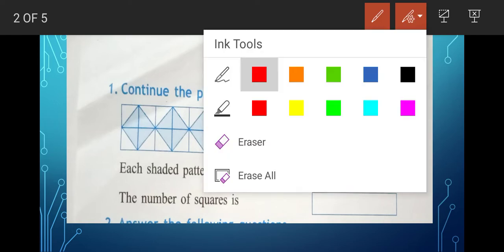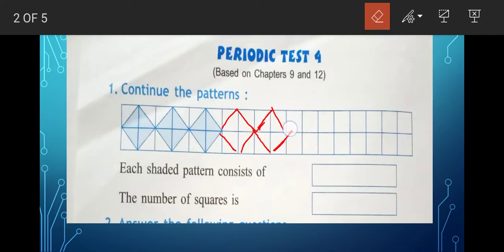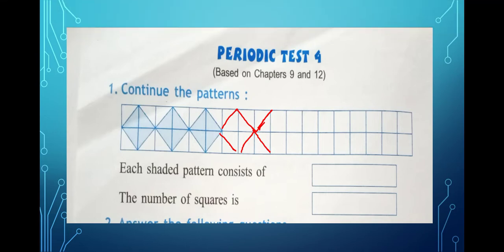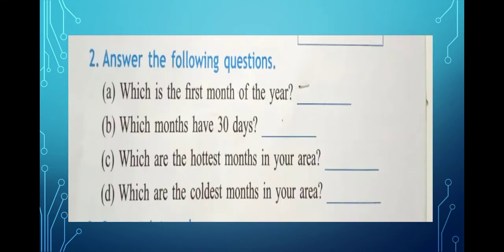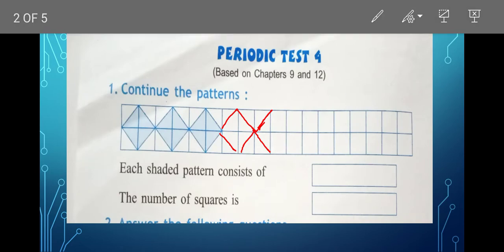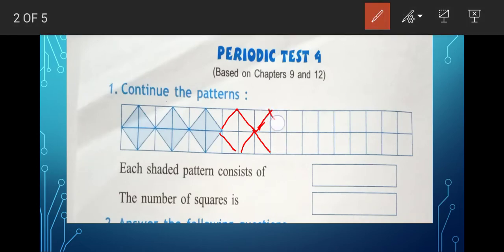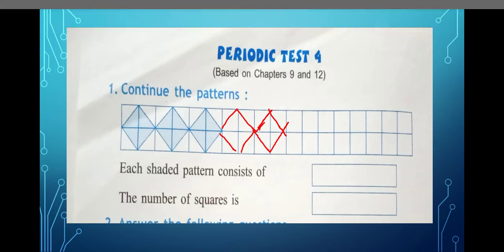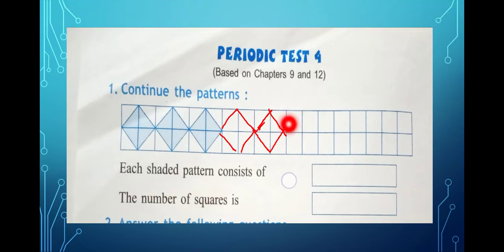This is not correct, let me erase it. Now you have to bring it down, then join this one. In the same way you have to complete this pattern. We will join here, then again down this part, then join it again. Again here extend it, come down like this, join it again. The same pattern you will be continuing.